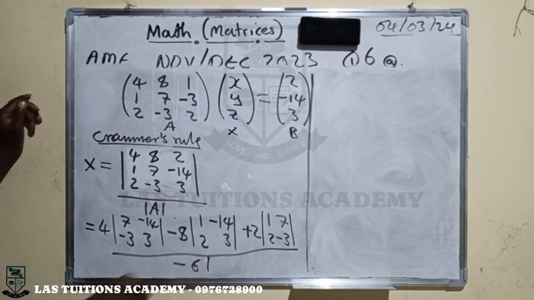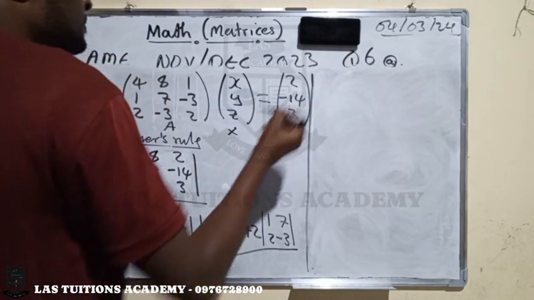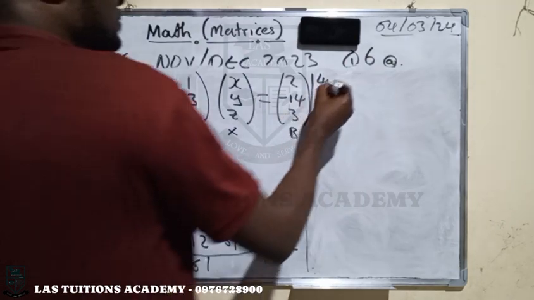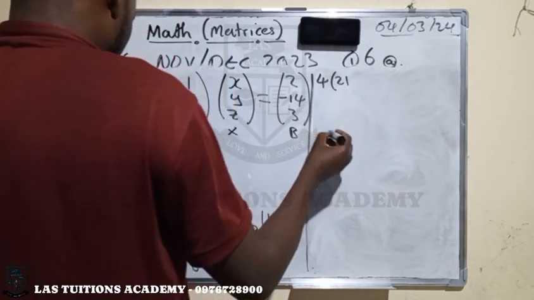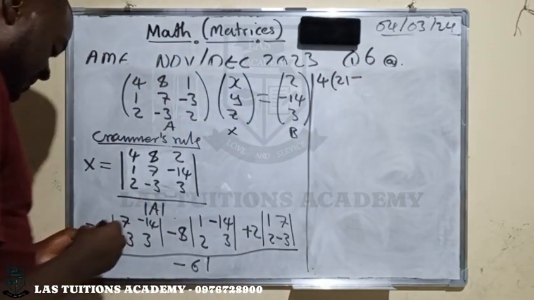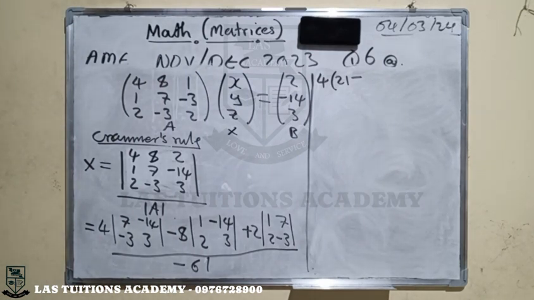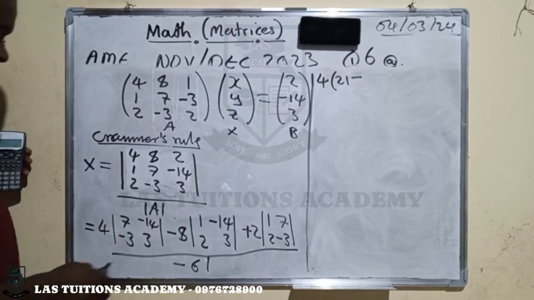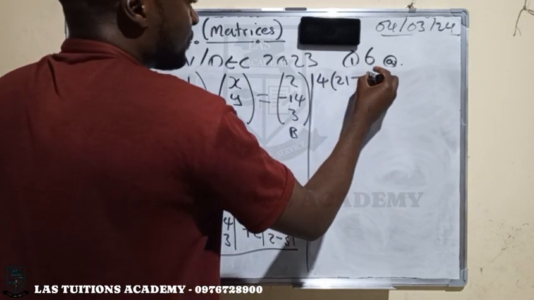So from there, we have 4 times 7 times 3, that is 21, minus 14 times 3, that should be 42. So negative 3 times negative 14, we get positive 42.